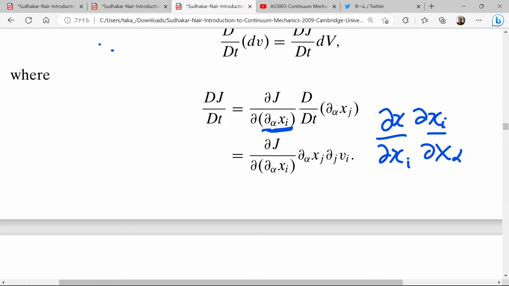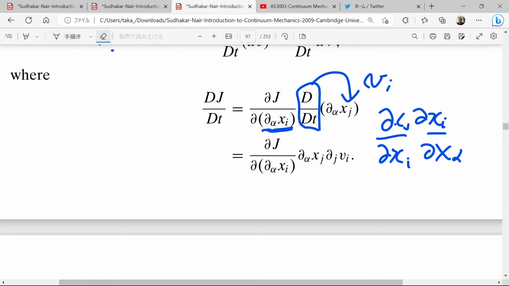Then you have xj. I think we first take derivative on j, so you will get vi. So xj is changed to vi.